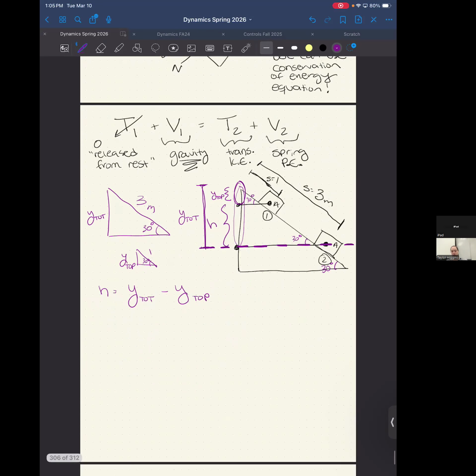This h is going to equal the total minus the little bit at the top. So we should say, let's see, y total, we'll need to use sine of 30. So sine of 30 equals y total over 3, or y total is equal to 3 sine 30.